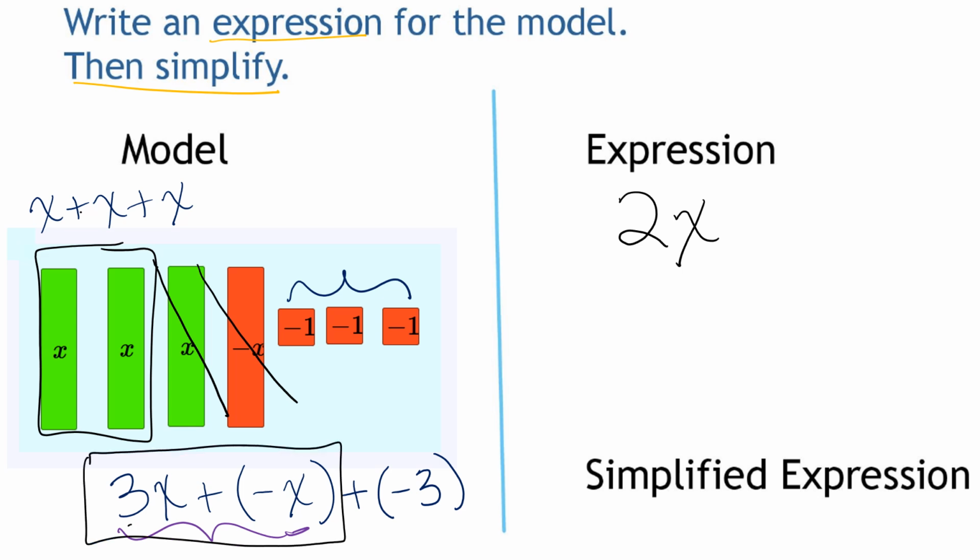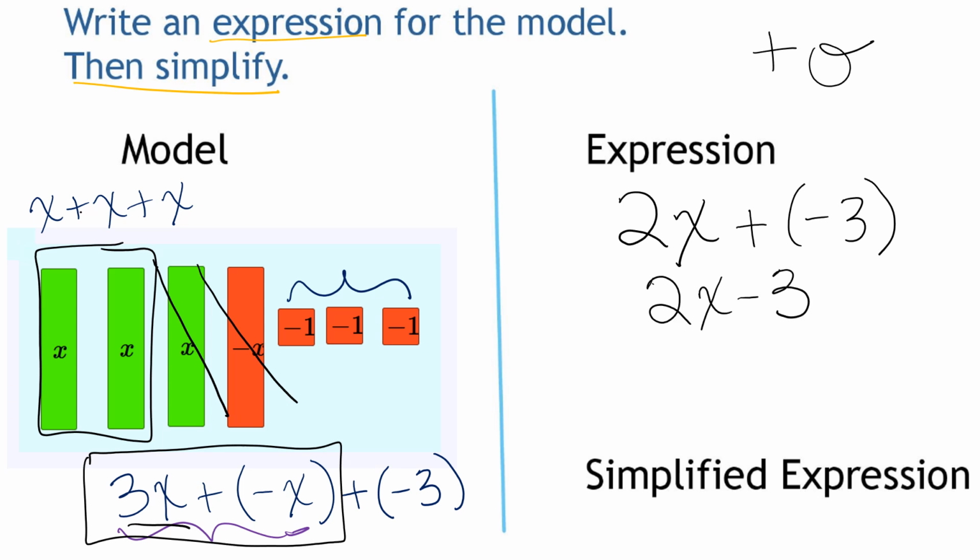We have 3 positive X's, and we take away 1 X. That leaves us with 2 X's, and then we're going to add 3 negatives. And you could also remember that adding the opposite, if you remember our little strategy, is the same thing as subtracting. So 2X minus 3 would be the expression.